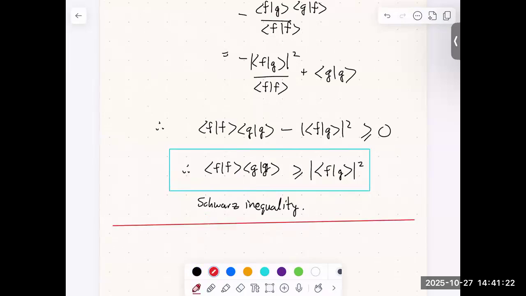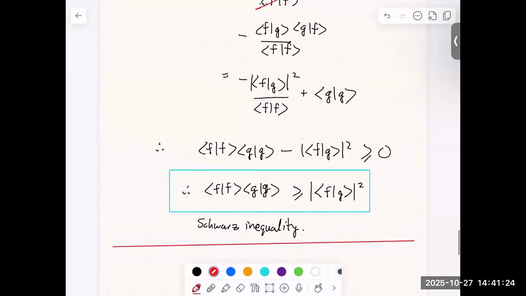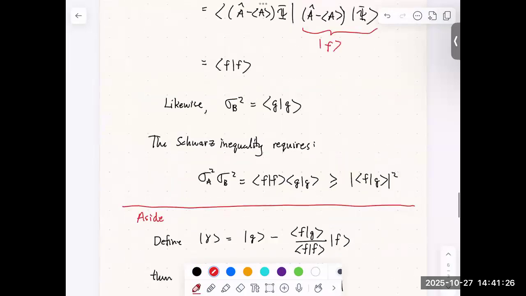Okay, so let's just remember where we were. We were going to say that this product of these two standard deviations squared had to be bigger than this quantity. And so I want to focus on this quantity now. It's just going to be some complex number.